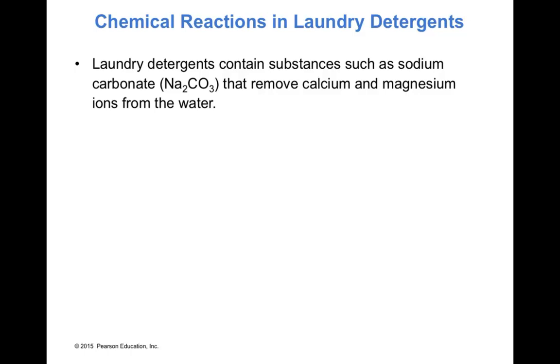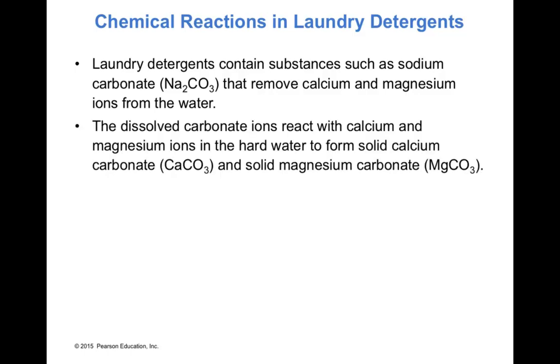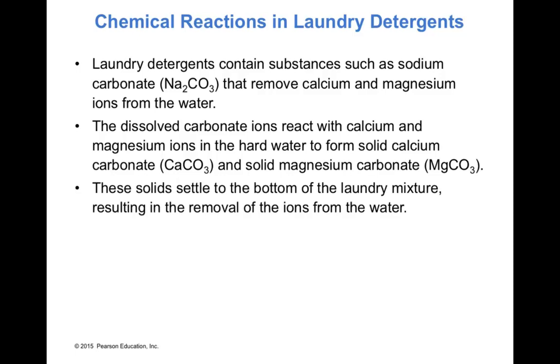Laundry detergents contain substances such as sodium carbonate that remove calcium and magnesium ions from water. The dissolved carbonate ions react with calcium and magnesium ions in the hard water to form solid calcium carbonate and solid magnesium carbonate. These solids settle to the bottom of the laundry mixture, resulting in the removal of the ions from the water.